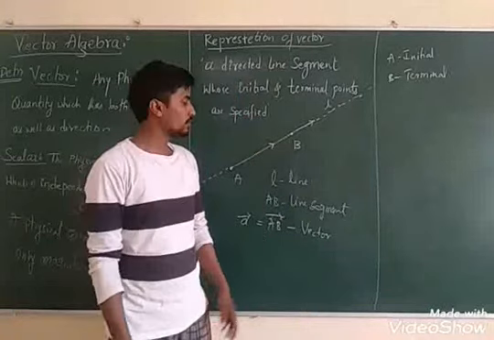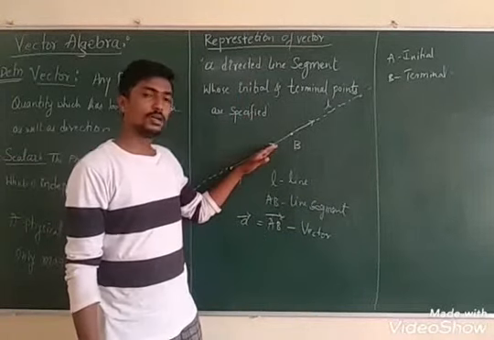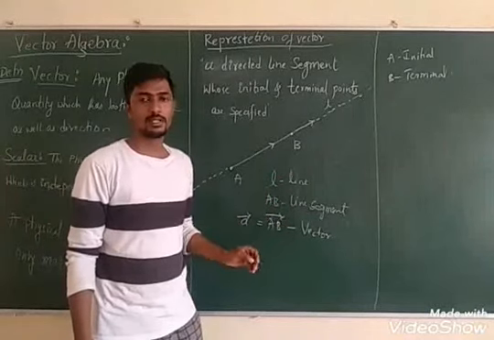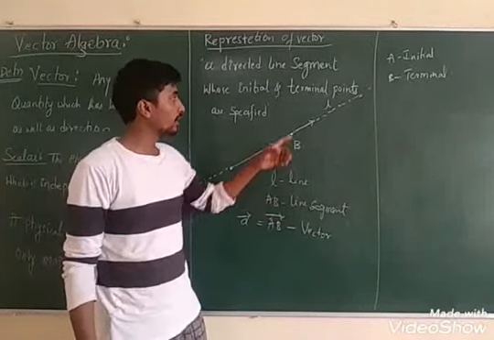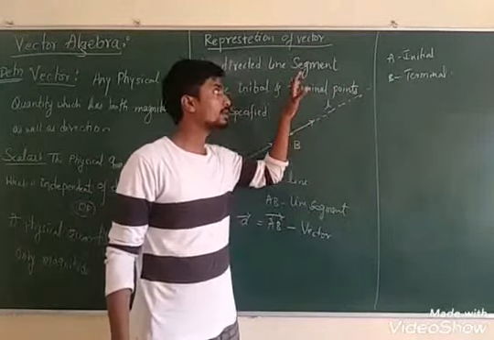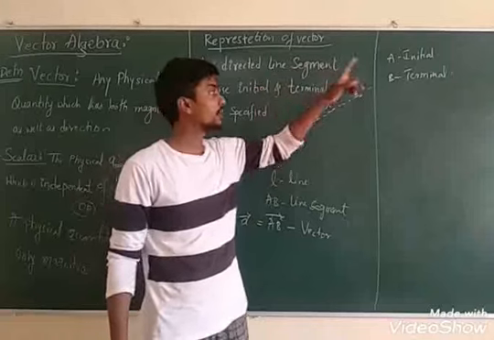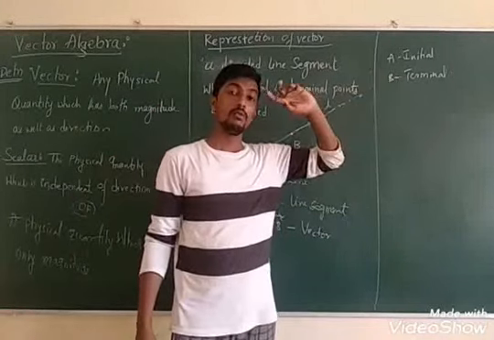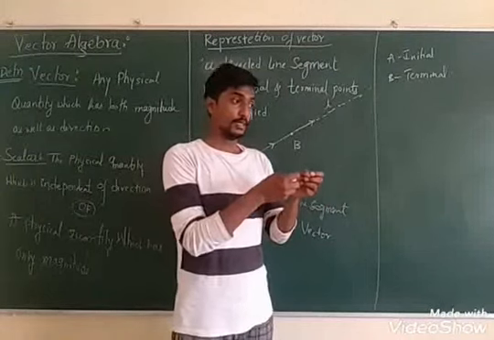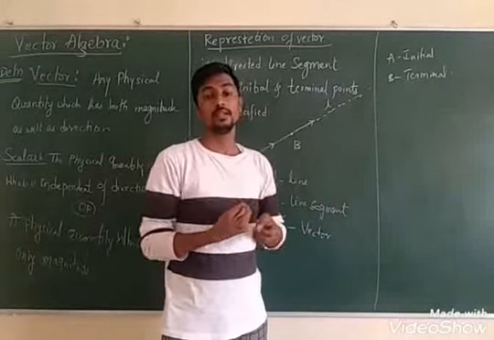So this is the graphical representation, and this is the algebraic representation of the vector, where A and B are the initial and terminal points. While representing a vector we have two things, initial as well as terminal. While measuring a scalar, we can't distinguish the terminal and the initial point.